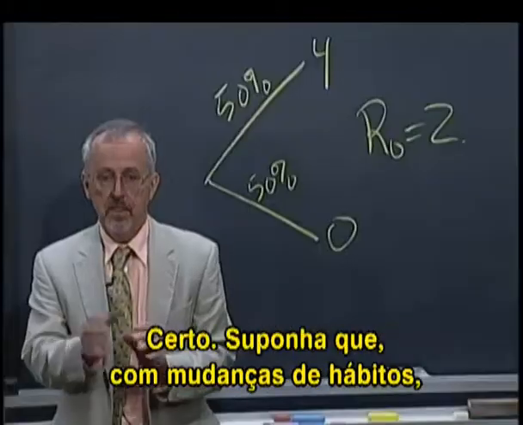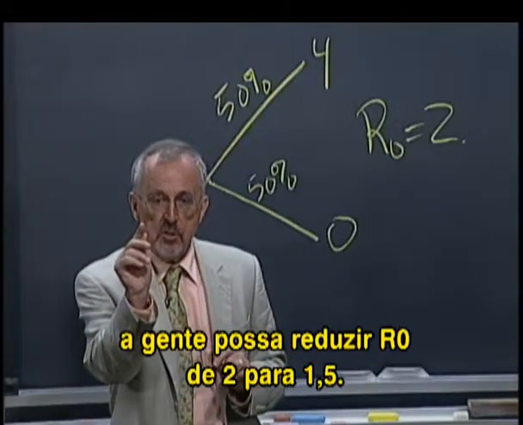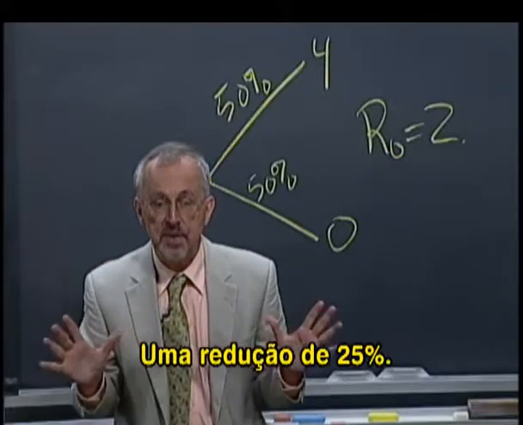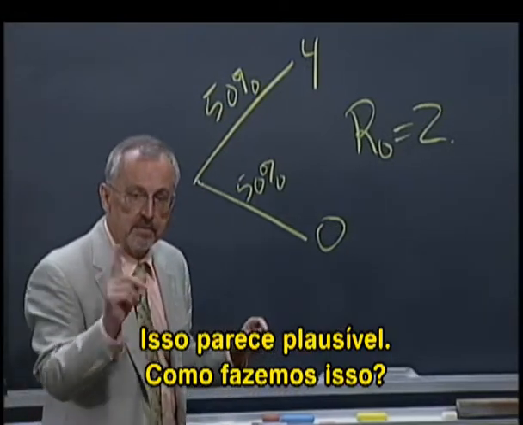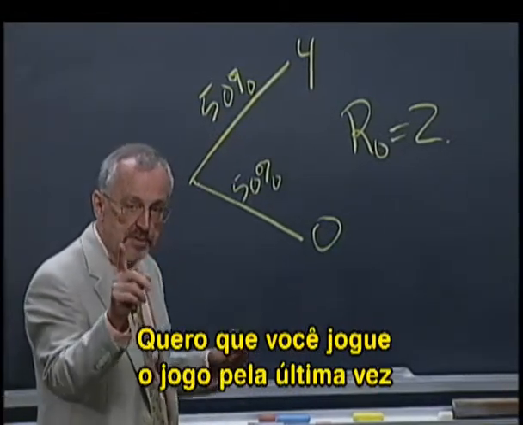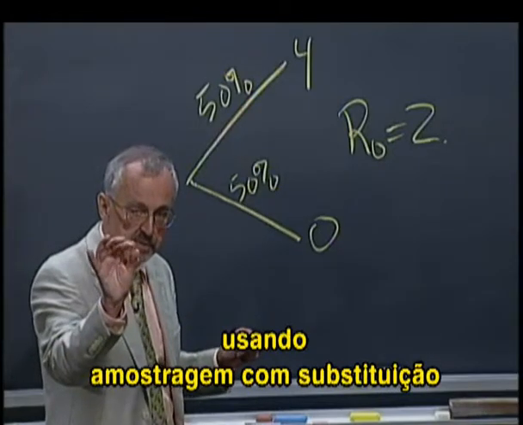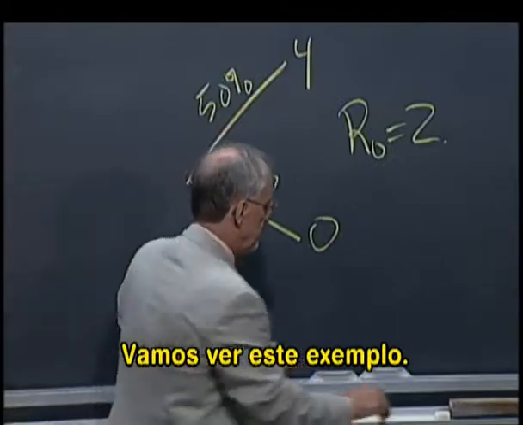Okay, suppose with NPIs we can reduce R0 from 2 to 1.5, a 25% reduction. That seems very reasonable. Now, how do we do this? Because I want you to play the game the fourth and last time, sampling with replacement, like we did in 2 and 3, okay? So let's look at this example here.